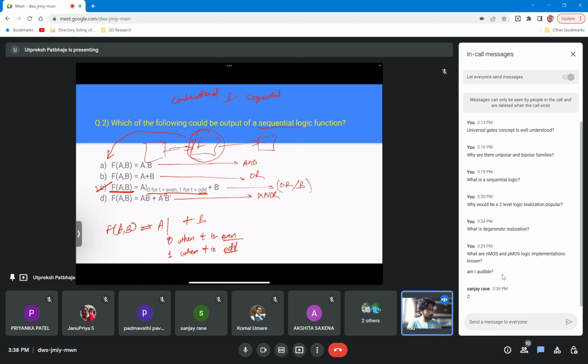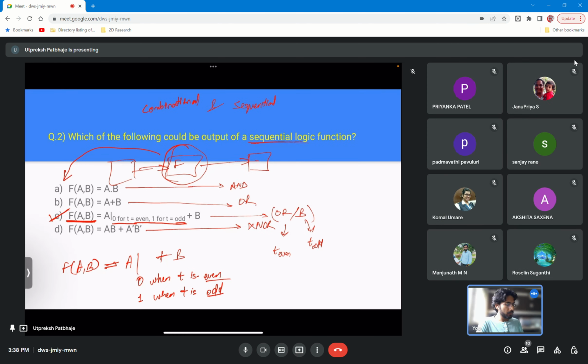So whenever this is at t even, you will be getting an OR functionality, and when t is odd, you will be getting the output to be just B. So since there is a component of time related to this option, this one can be an output of a sequential function, whereas the others are just combinatorial functions which are giving a time-invariant output. These are just AND gate, OR gate, and XNOR gates.